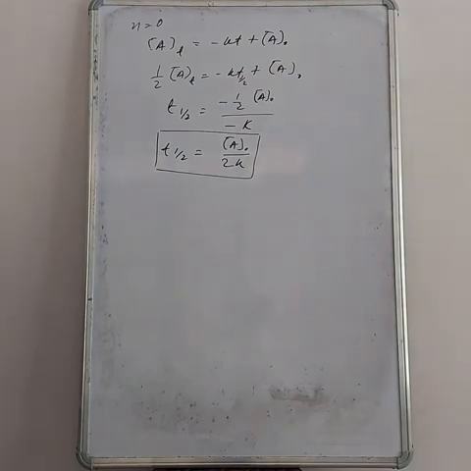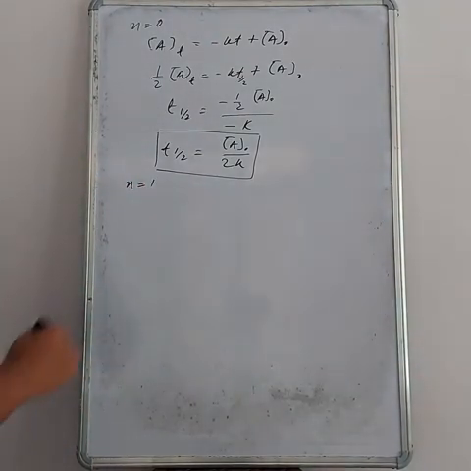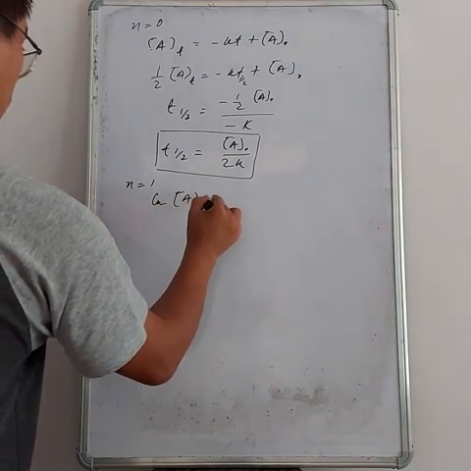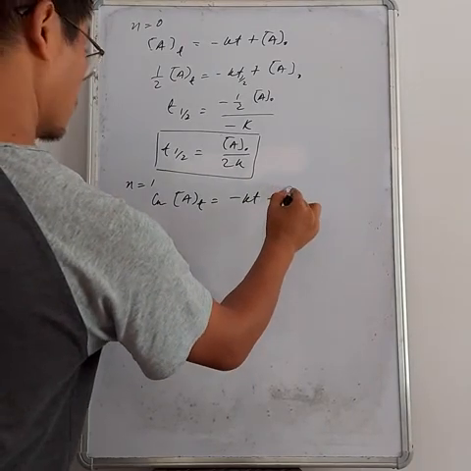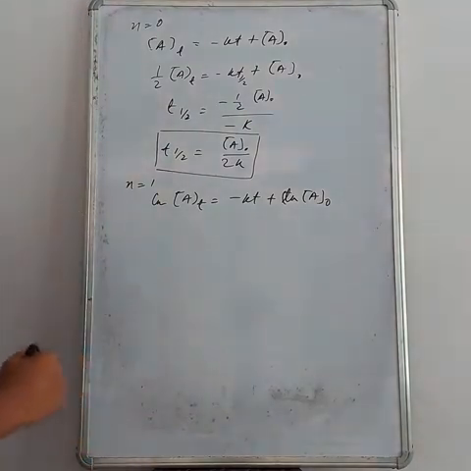Now for a first order reaction, natural log of [A]t is equal to negative kt plus natural log of the initial concentration.